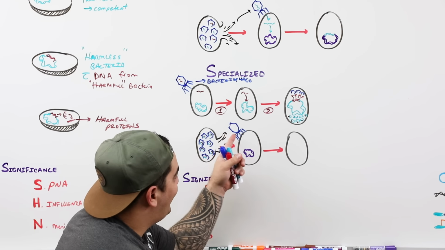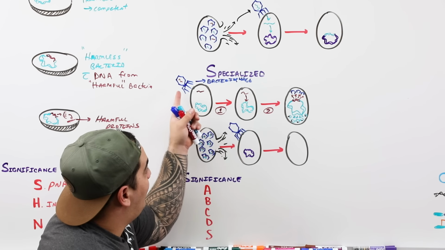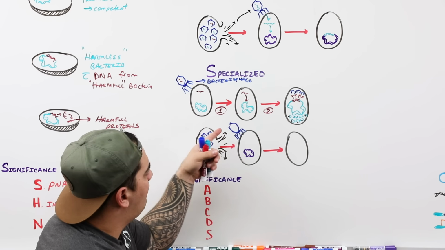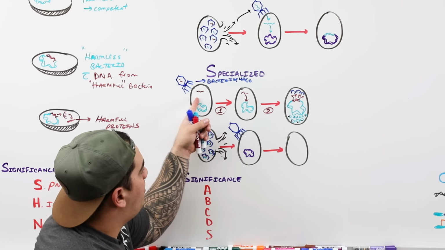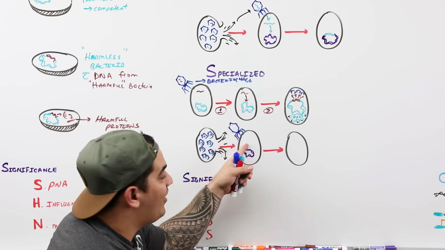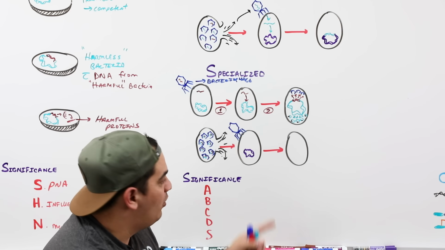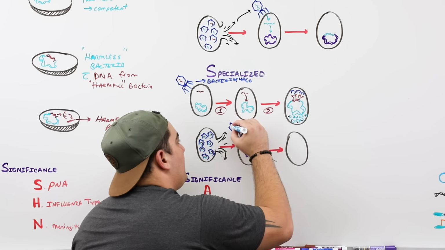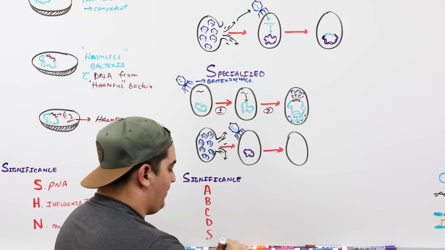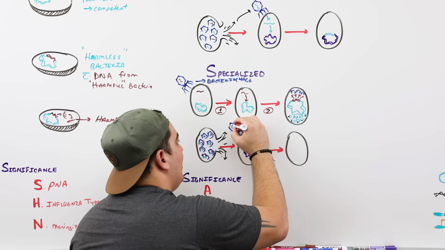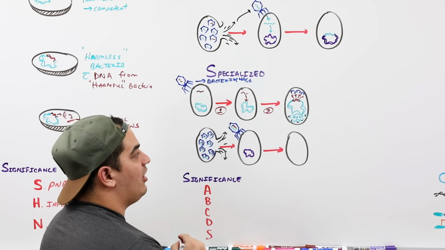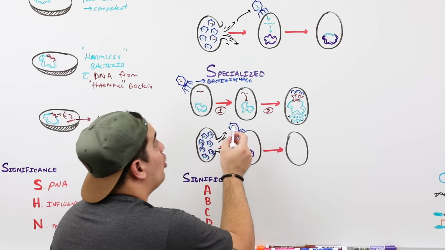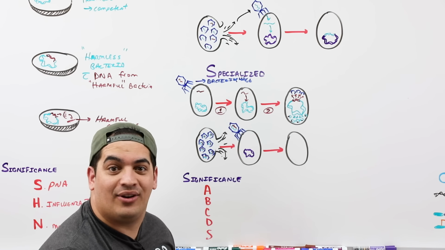Then that bacteriophage, which was formed from infecting bacterial cell number 1, is going to go and infect bacterial cell number 2 with different DNA. But what is it going to inject into it? It's going to inject DNA that is bacterial DNA from bacterial cell number 1 and phage or viral DNA from that original bacteriophage.